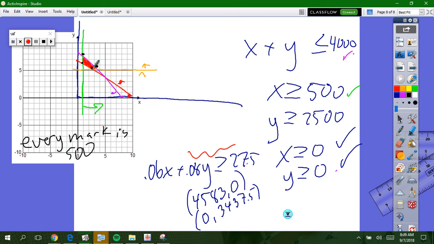These two intersection points are when x is how much? 500, right? Because that's what that line is representing. So I put 500 into this equation, I solve for y. I plug 500 into here, solve for y. So this top one is 500, comma, 3,500. Does that make sense how I found that?